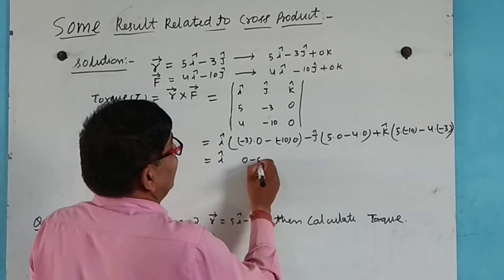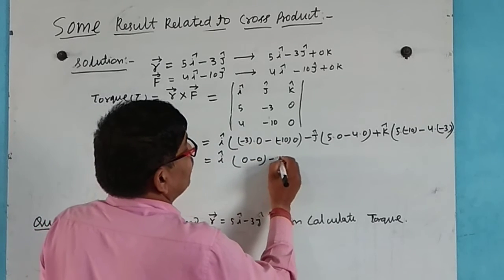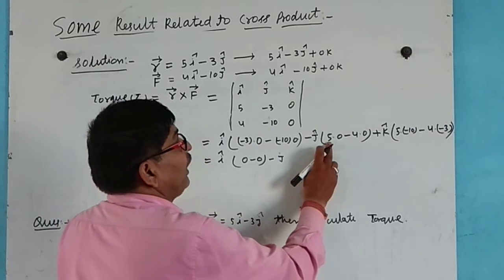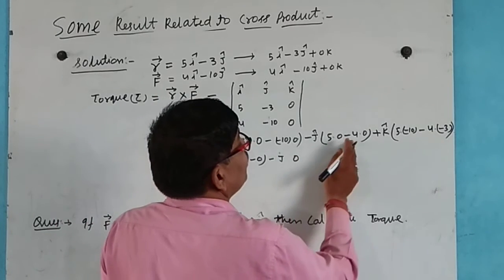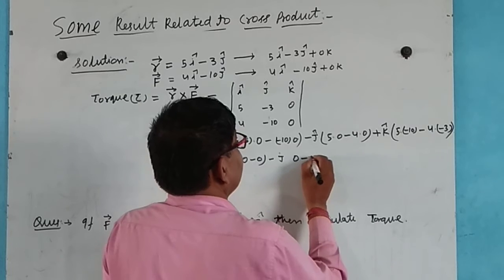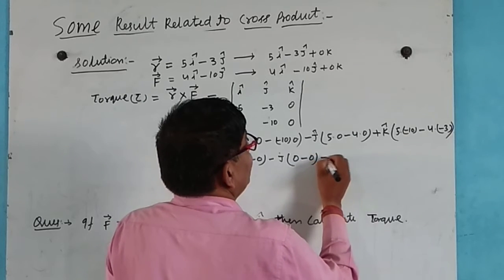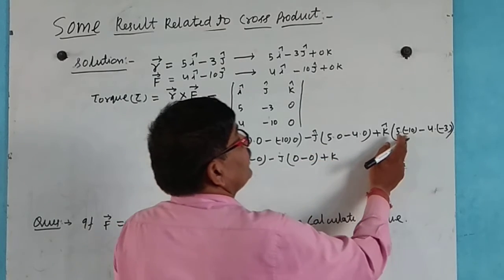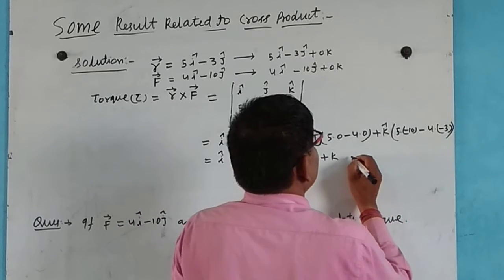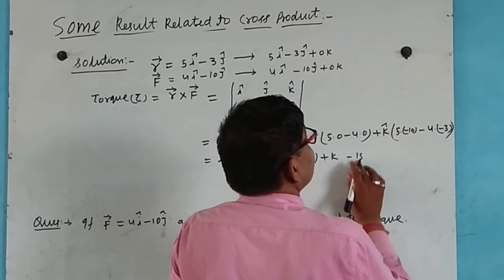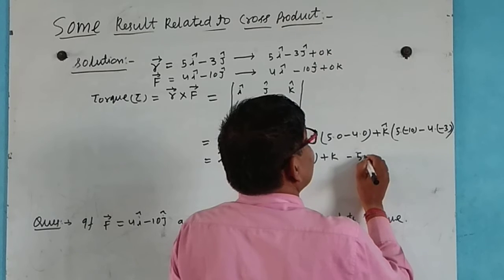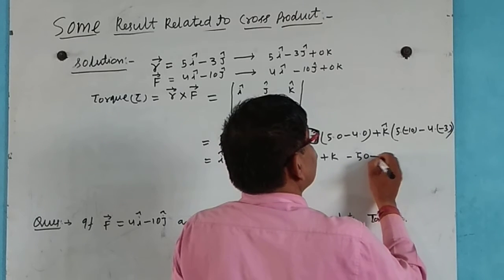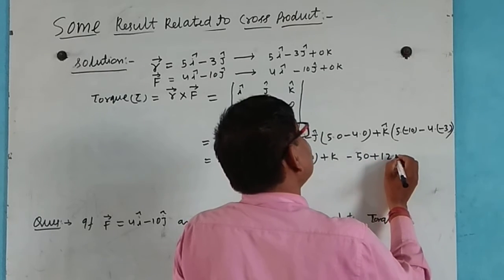Then minus j, 5 into 0 minus 4 into 0, that is also 0. Plus k, this is 5 into minus 10, minus 4 into minus 3, that is minus 50 and this is plus 12.